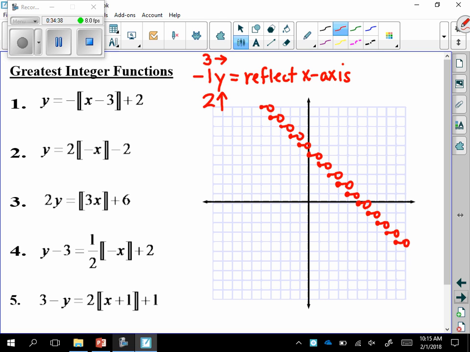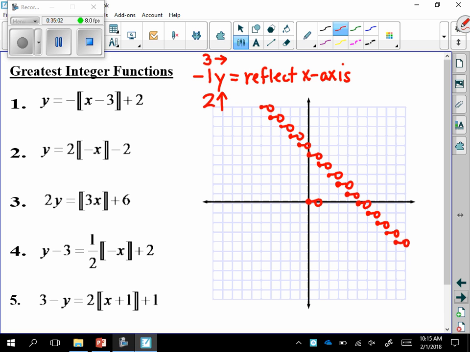Once you have 3 steps placed, then you should be in good shape to draw the rest. But I do realize it is a little difficult. So it might be that for this step at 0, 1, you might move just the point at the origin. Move it, and then move the open circle at the point 1, 0, and connect that step. There's 1 step. Then go from 1 to 2, 2 to 3.